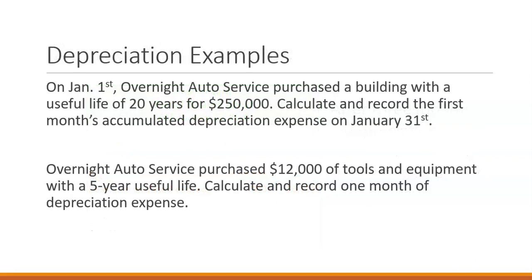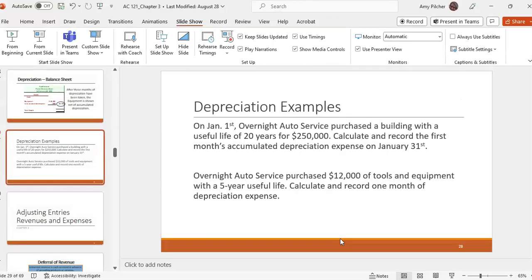So we have these two examples of depreciation. Let's work through these two examples, and then we'll move into some further adjusting entries. We purchased a building with a useful life of 20 years, and the building was $250,000.